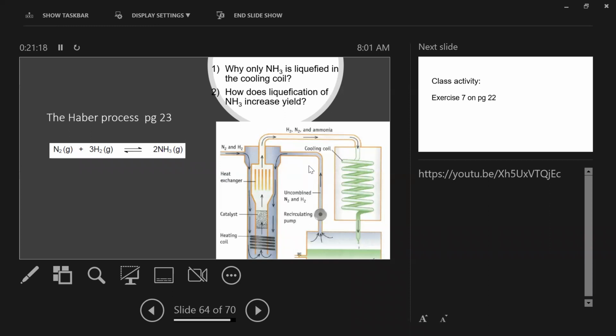So is it easier or more difficult to condense?